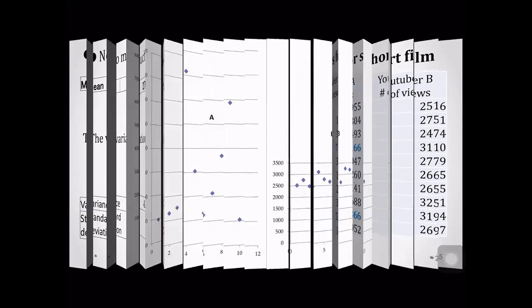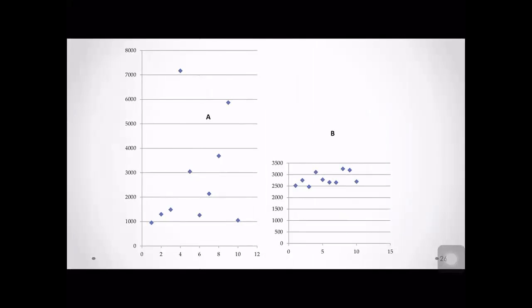Okay, before we do some calculation, I would like to summarize what I have taught using this figure. The left-hand side is YouTuber A and the right-hand side is YouTuber B. The y-axis is the number of views for each video. We can see that the average view is quite similar.